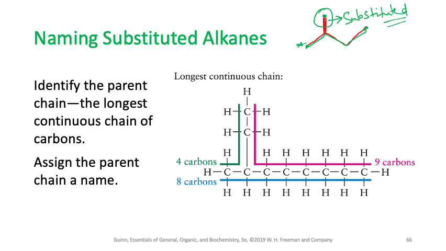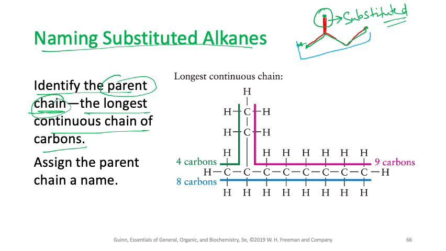So let's take this concept and try to follow the rules for how to write the substituted alkane name. The first thing, identify the parent chain. What is the parent chain? Parent chain is the longest continuous chain of carbon. So in the top example that I gave you, what's your parent chain? Parent chain is this chain that I counted. How many carbons do you have in there? 1, 2, 3, 4, the maximum, right?